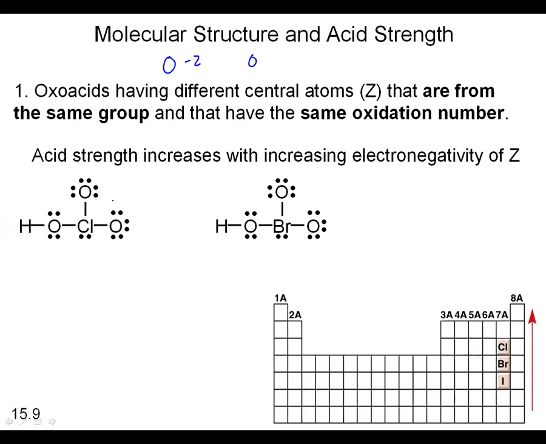Everybody else is normal. So if we assign an oxidation number to this oxygen, it's -2. This one is -2. This oxygen is -2. This hydrogen has an oxidation state of +1. So when we look at the oxidation state of chlorine, we have -6 and +1, which gives you -5.